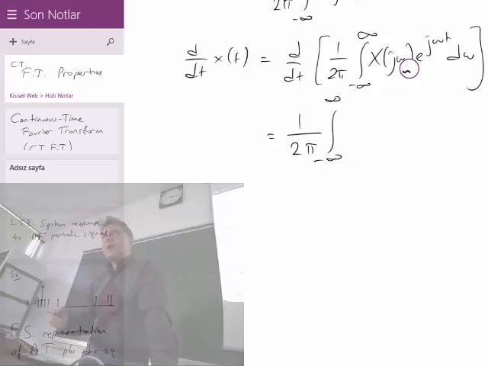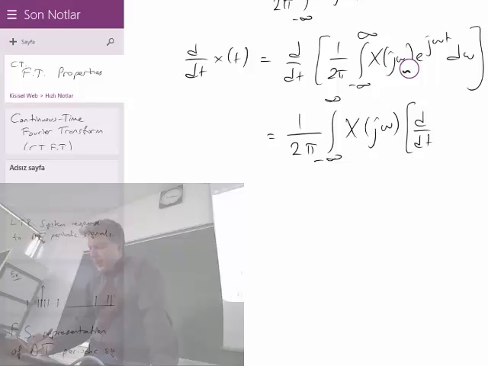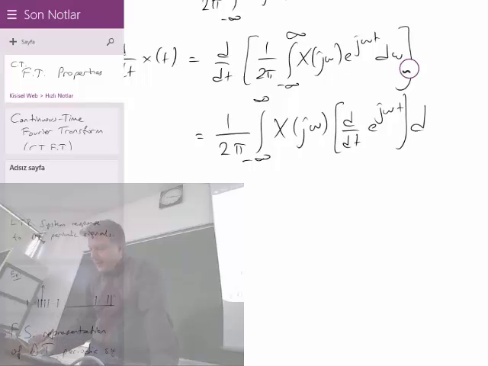So I'm going to write the inverse Fourier transform integral first, and then I'm going to write j omega, x of j omega, which has nothing to do with t. Therefore, the time derivative will come up to here. And then, finally, the omega.